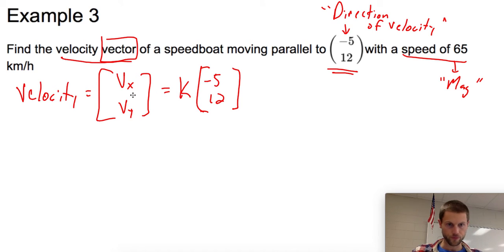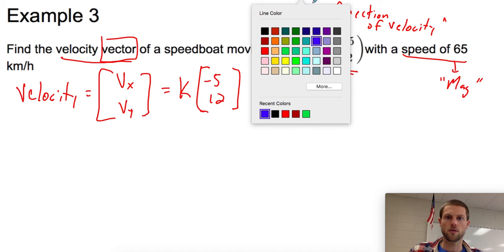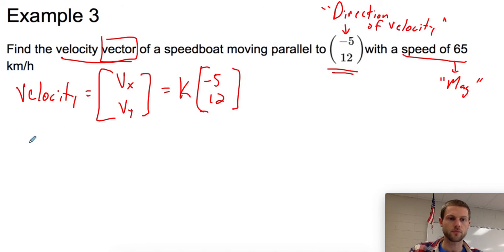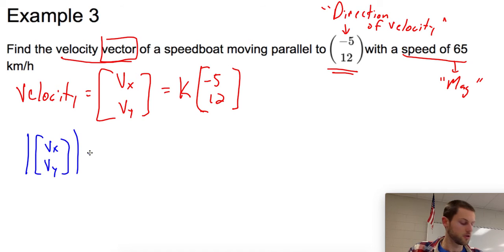Well, I know that the magnitude of my vector <vx, vy> should equal the magnitude of whatever k times <-5, 12> is.